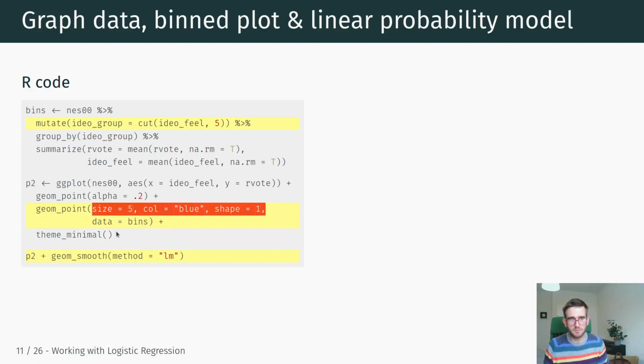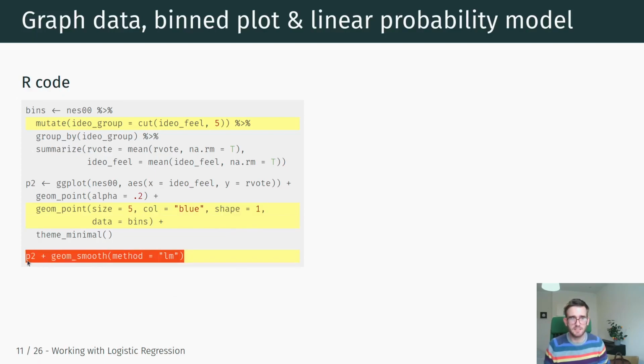We make those a little bit larger and give them a different color to make them stand out from the actual raw data points. Then, in addition, I'm going to add a linear fit to compare the average binned probabilities to our linear probability model.